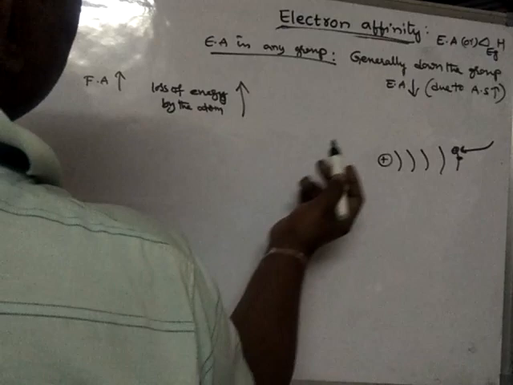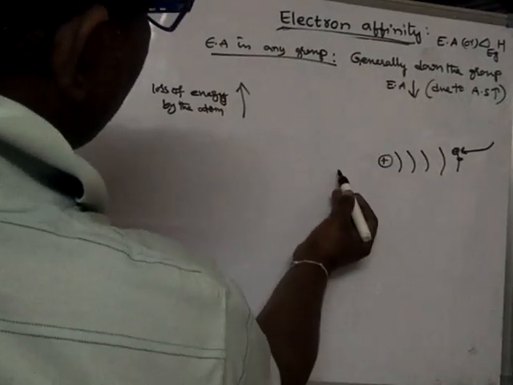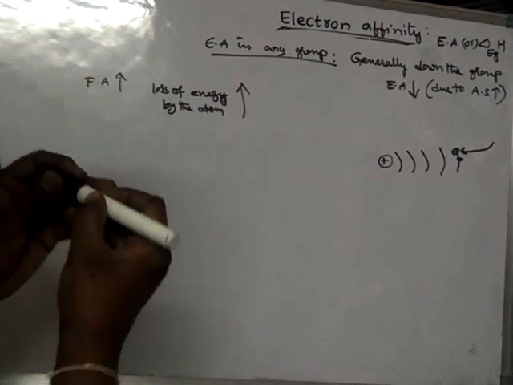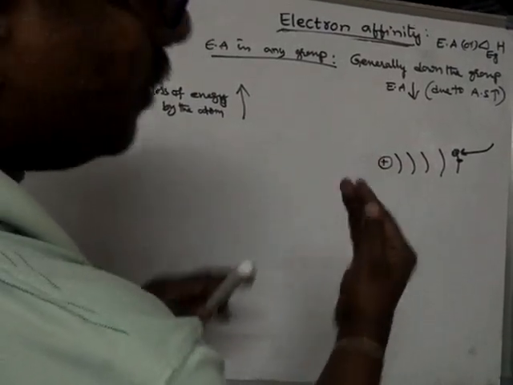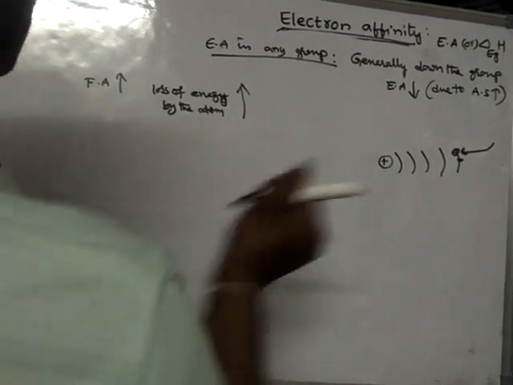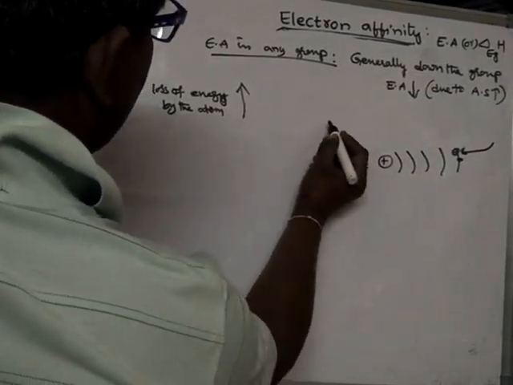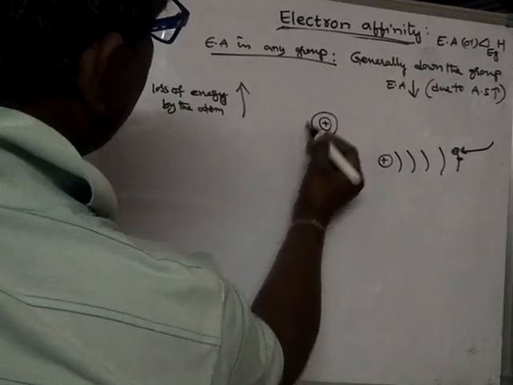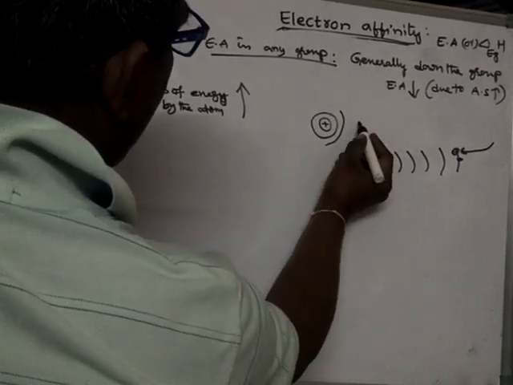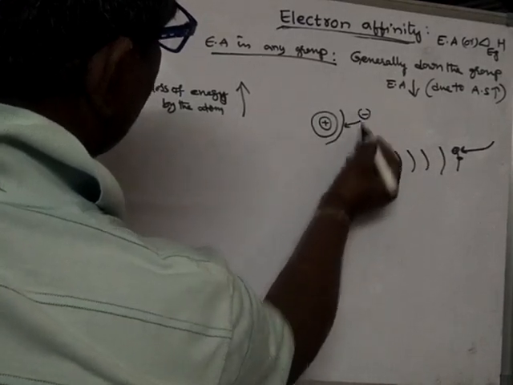So as we move down the group, the size of the atom increases. As the size of the atom increases, the added electron will always be placed in the outermost orbit. For example, take lithium: the electron is added into this orbit.